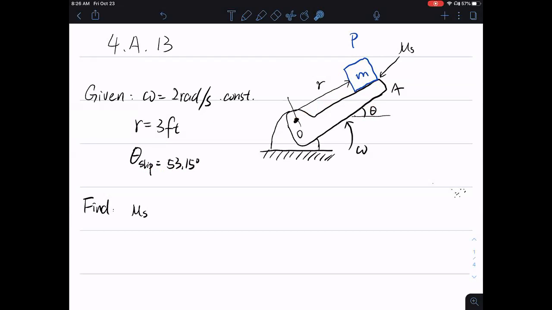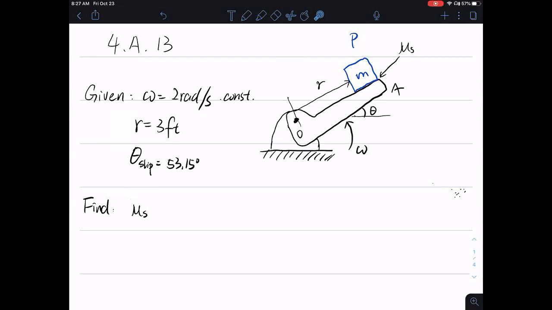And here we're trying to find out what that friction coefficient mu_s is. We have s here, which means it's a static friction coefficient, the friction coefficient when things are not moving. Does everybody understand this problem? So this block is sitting still on that arm, but when angle theta is large enough, everything starts sliding down. And we're trying to find mu_s.